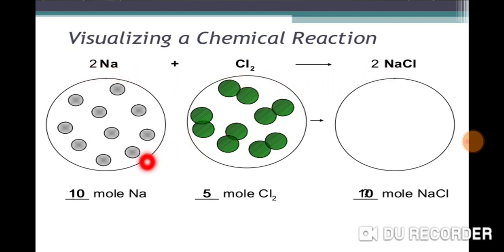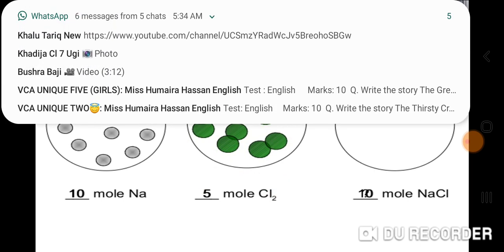Now we can say that, for example, 10 moles of sodium are added to 5 moles of chlorine gas. Chlorine gas means 5 into 2, that is 10.